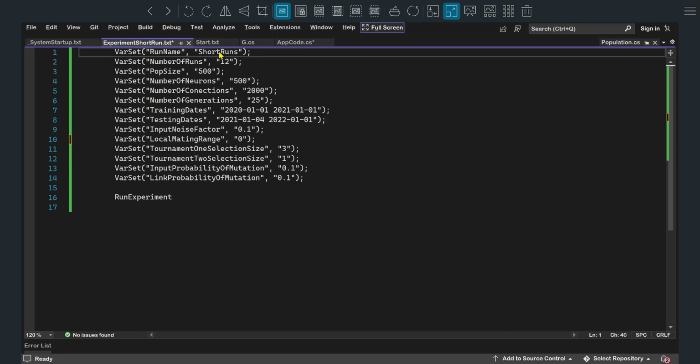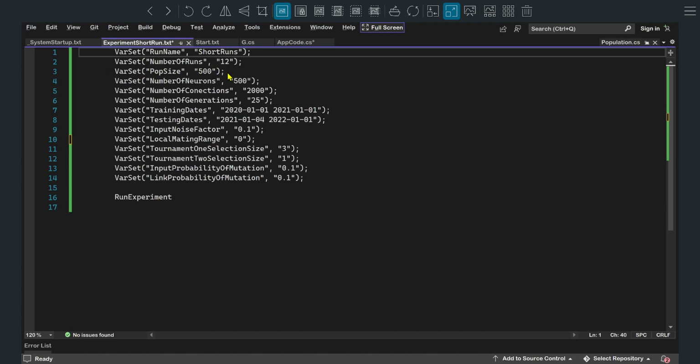You have the name of this particular set of runs. I call it short runs because I'm only letting it run for 25 generations. That's an effort to avoid overfitting, to not let it run too long. It's going to do 12 runs.